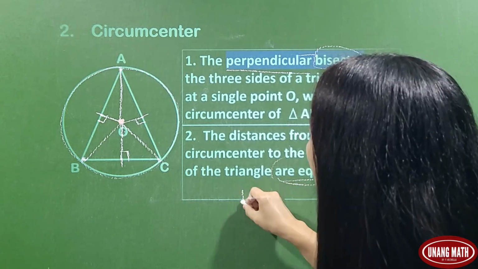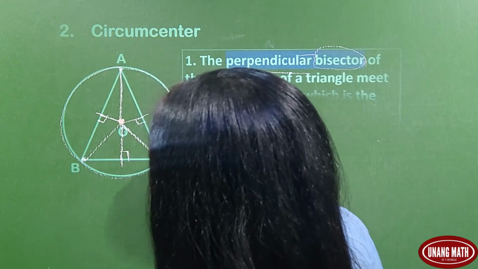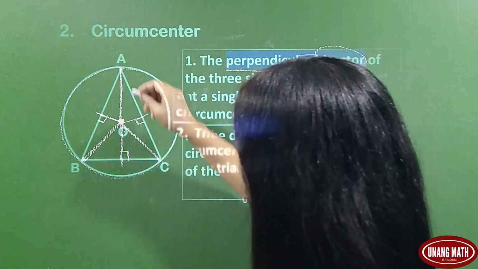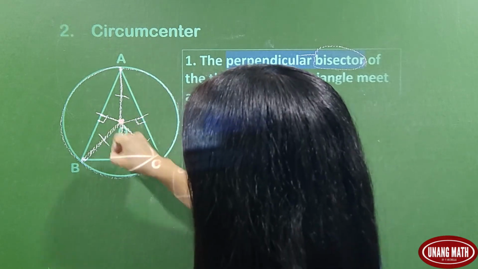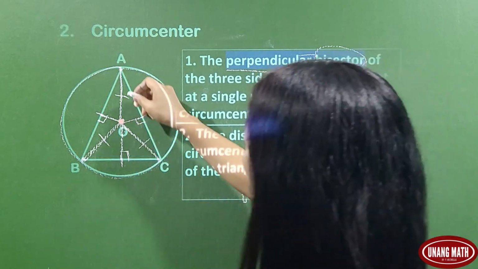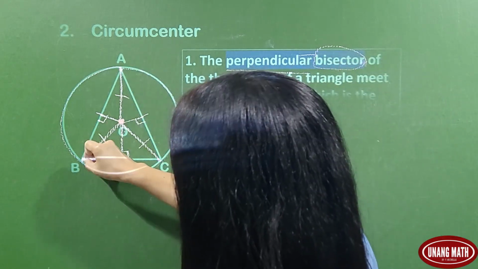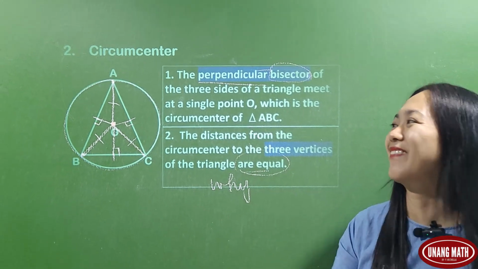Now, why equal? Because these three distances are the radius of this circle. That's why this distance is equal to this distance, equal to this distance.